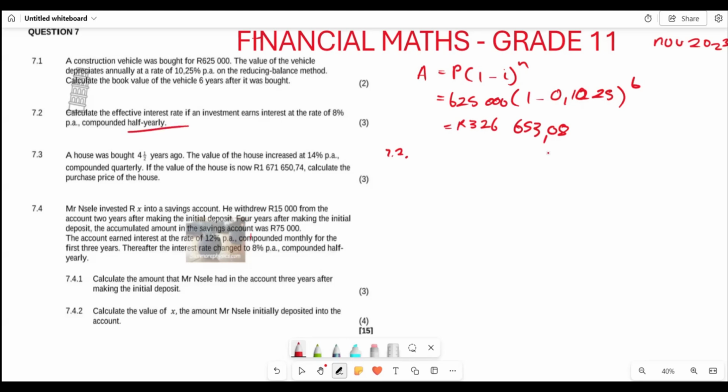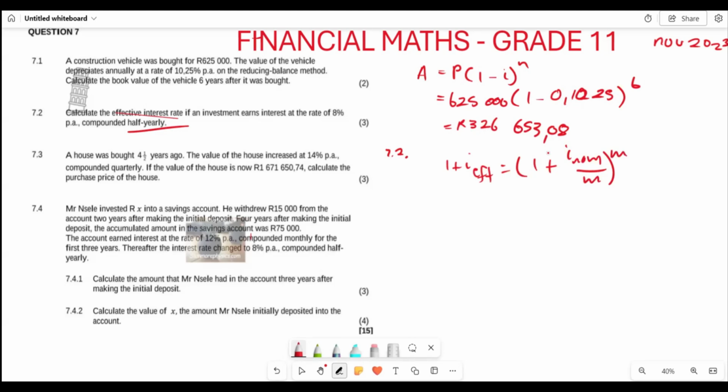And as soon as we speak of effective interest rate, we have this formula: 1 plus i effective is equal to 1 plus i nominal over m, close brackets, to the power of m.